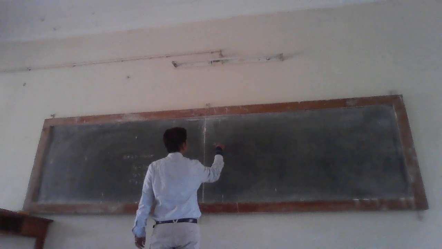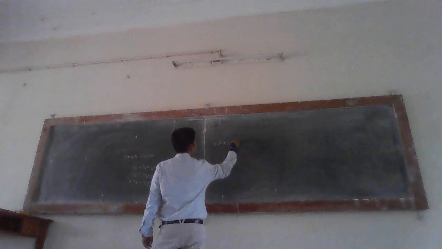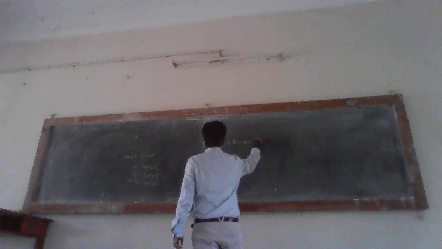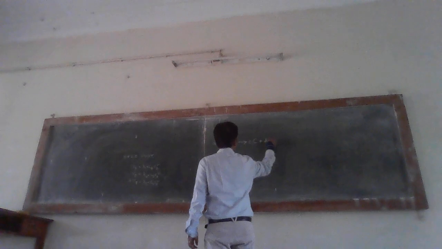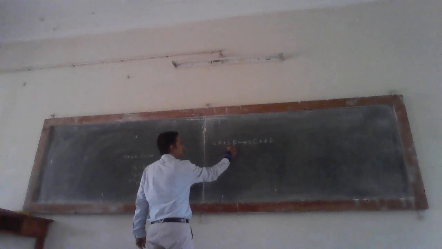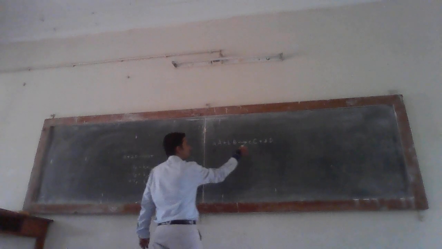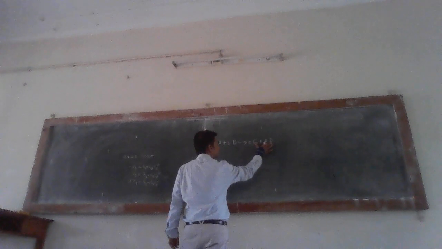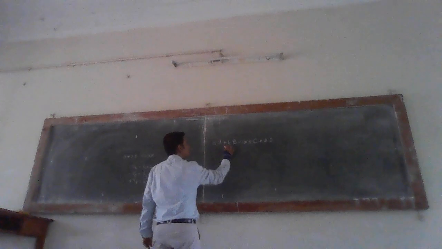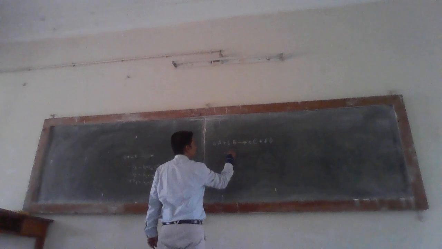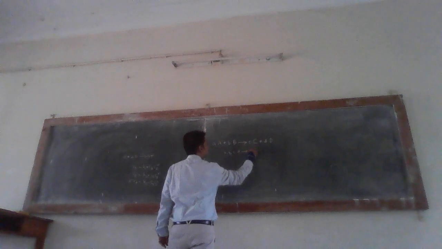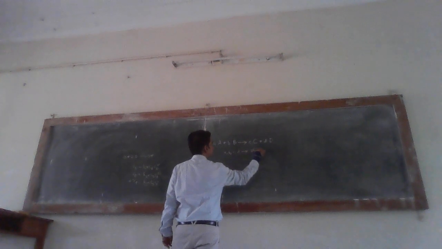Any reaction of this sort, where capital A, B are reactants, capital C and capital D are products, and small a, small b, small c, small d are stoichiometric coefficients.